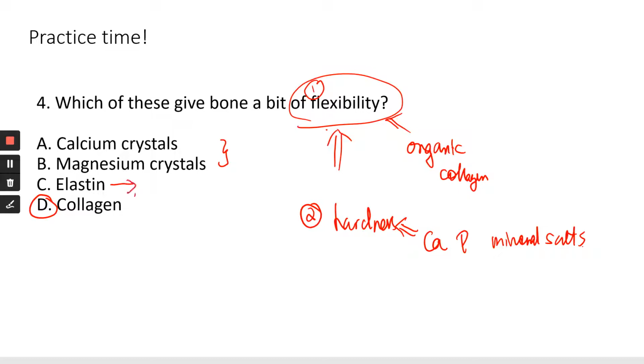Elastin is also a type of protein fiber, just like collagen. So it's smaller than collagen. It's usually found in organs that need to be stretched and need to recoil back. So where can you find elastin?